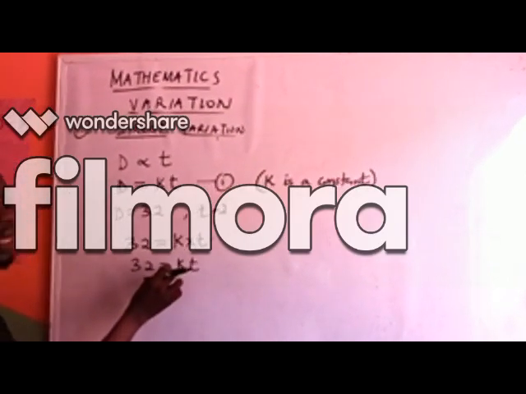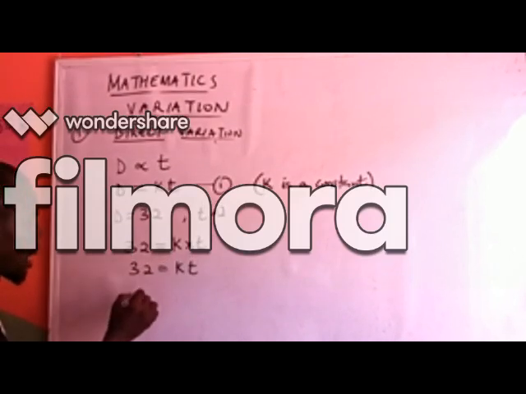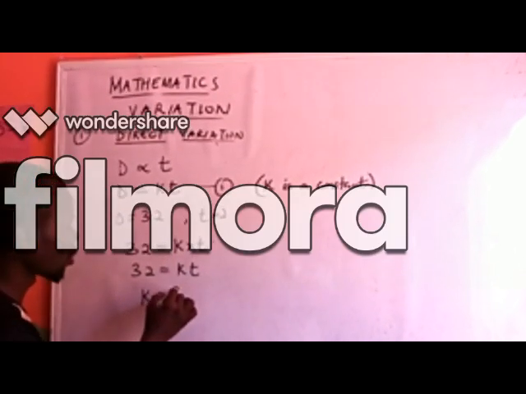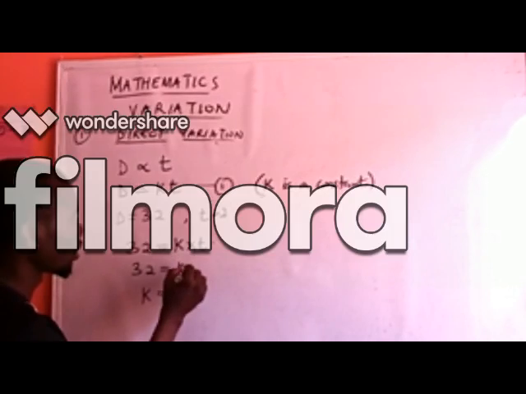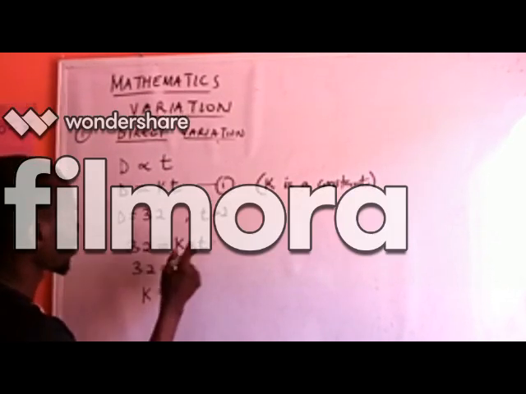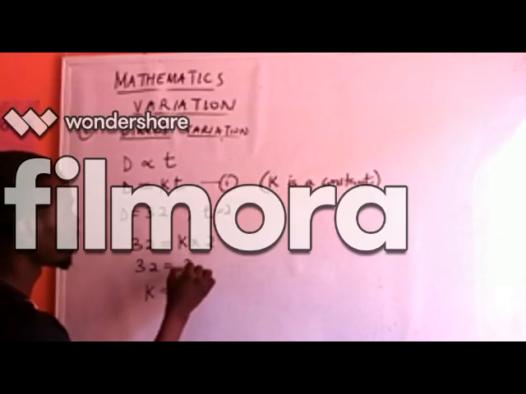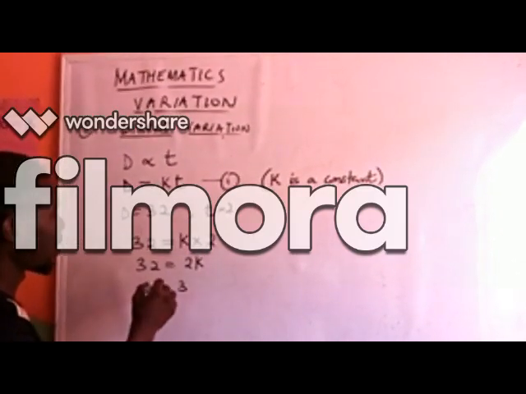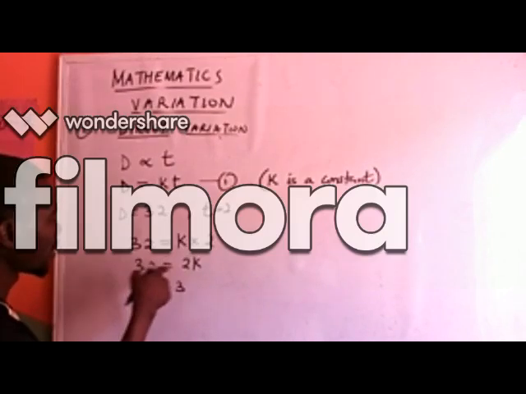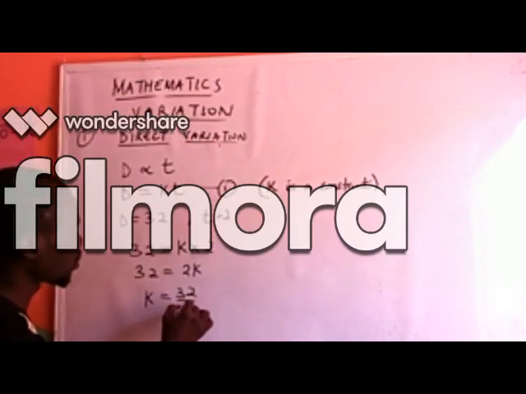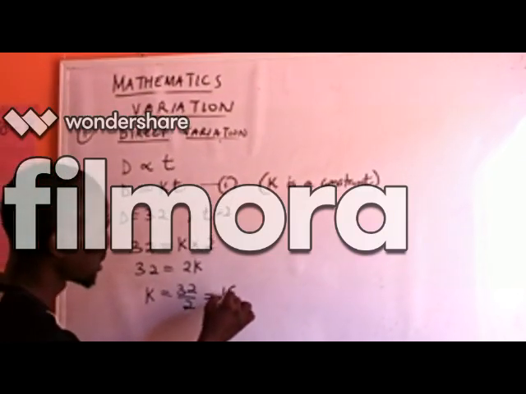When you have this, you have to look for the value of your K first. In this case, change T to 2. 2 times K is 2K. Now, for you to find the value of K, just divide 32 by 2. The answer is 16.